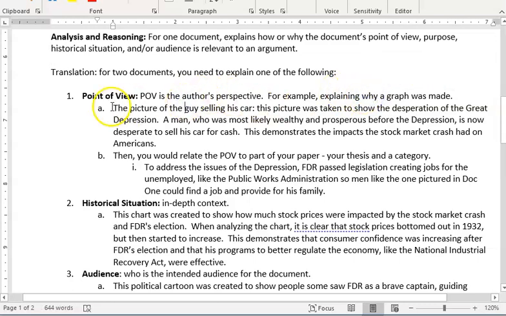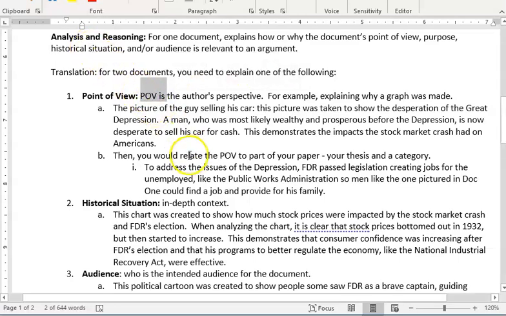Here's a more specific one, the picture of the guy selling his car. Okay, so you would do something like this. In document 1, this picture was taken to show the desperation of the Great Depression. A man who was most likely wealthy and prosperous before the Depression is now desperate to sell his car for cash. This demonstrates the impacts the stock market crash had on Americans. Now you're getting in depth with your analysis.